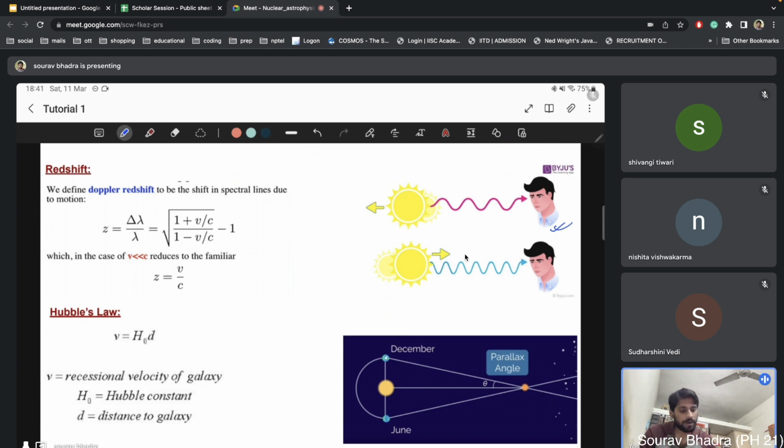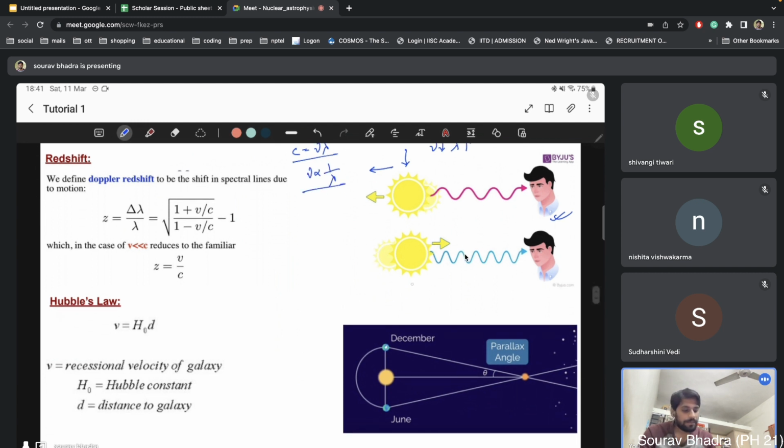So, for our case, the source is the sun or any star. If the star is going away from you, then the frequency decreases. Frequency, nu, decreases means lambda increases, because nu and lambda are inversely related. c equals nu lambda, so nu is proportional to 1 by lambda.